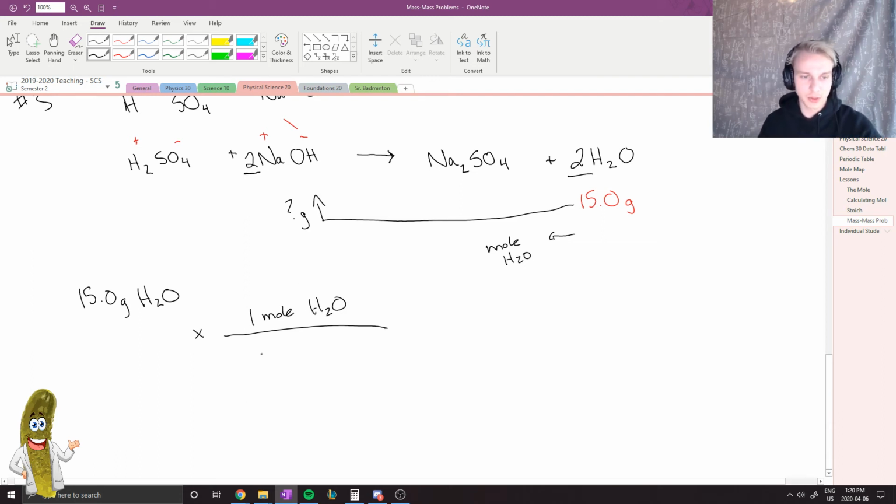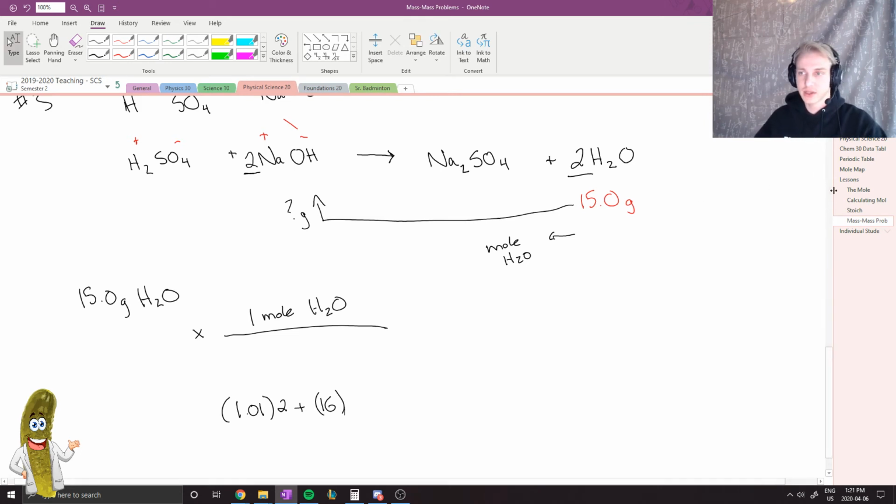And so for the molar mass of H2O, I know that hydrogen is 1.01, and I know that I have 2 of them. And then I have the oxygen, which is 16, and I know that I only have 1 of those.